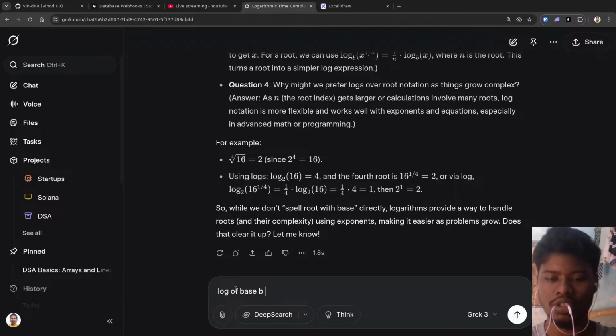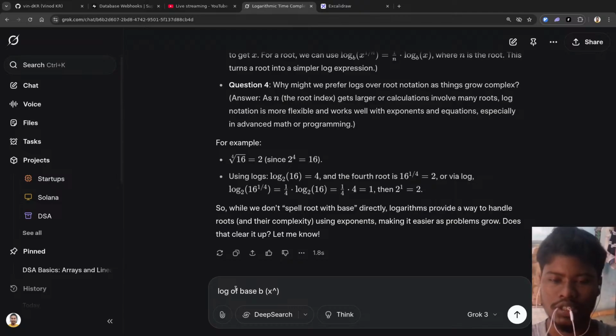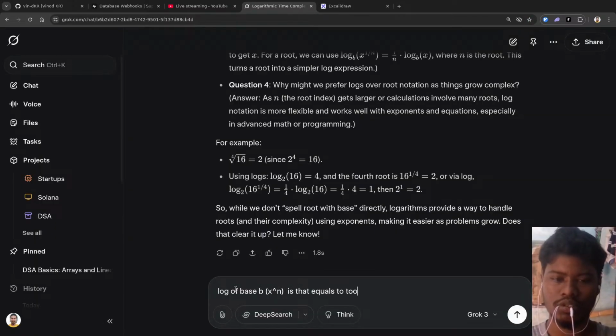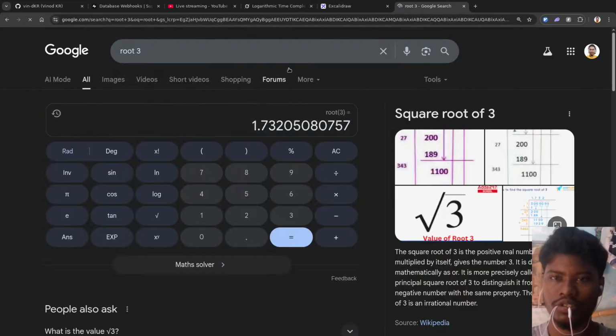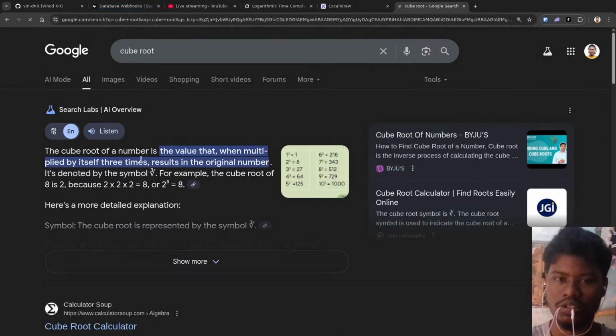Log base p of x to the power n is equal to root of x. Root 3, okay, cube root.